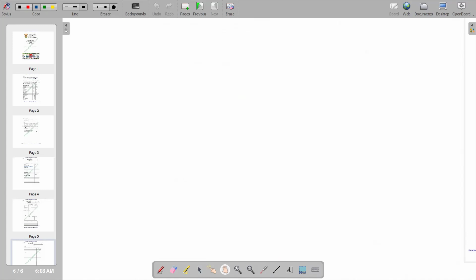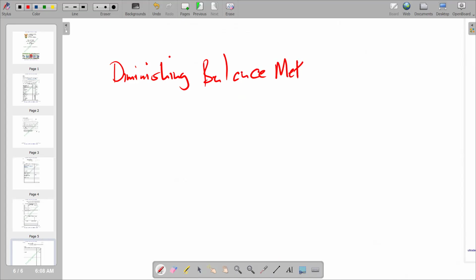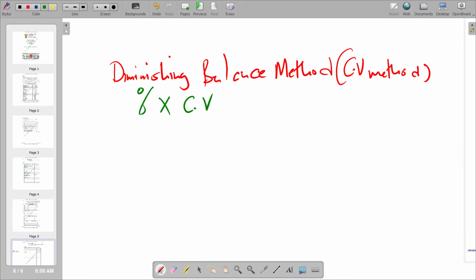Remember the formula that we use using the diminishing balance method is the same as the carrying value method. So the formula that we use says percentage times carrying value, where carrying value is equal to cost minus accumulated depreciation.